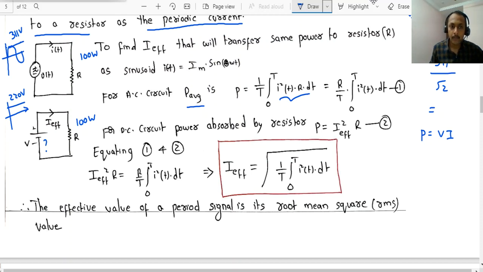Now if the current is flowing in a DC circuit, that value of current, when both the powers are equal, is the effective value. Let us denote it as I effective.